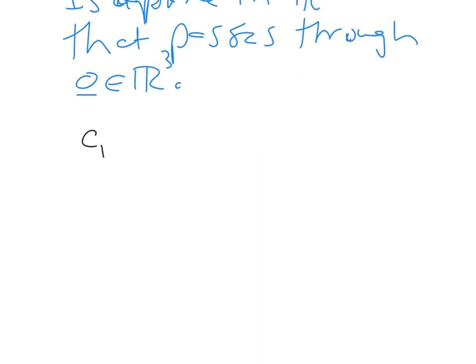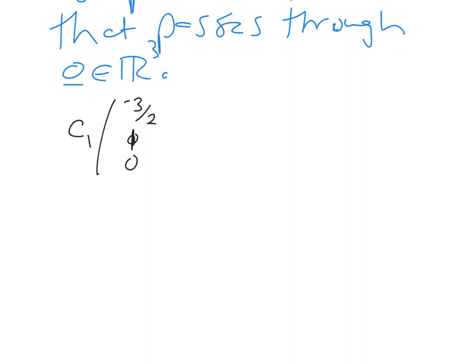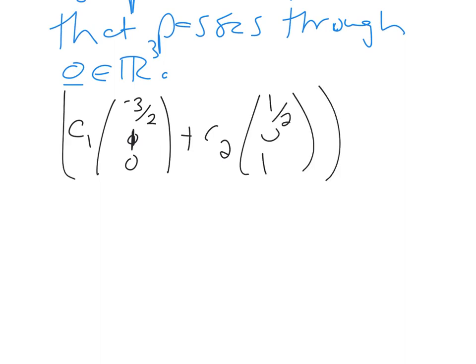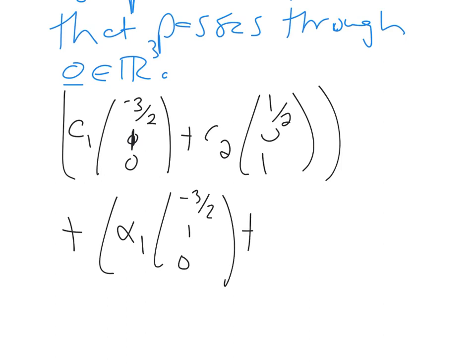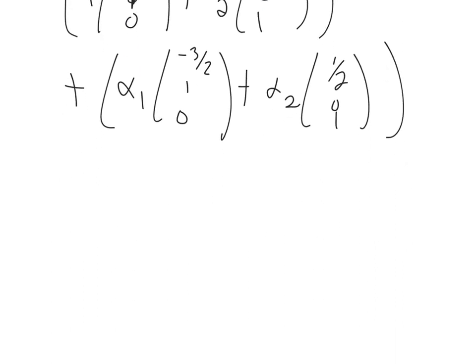So if I take a linear combination of negative 3 halves, 1, 0, so this is going to be one linear combination, plus C2 times 1 half, 0, 1, and add that to some other linear combination, okay, so we'll say alpha 1 times negative 3 halves, 1, 0, plus alpha 2 times 1 half, 0, 1. And just add those guys up in the most naive possible way.